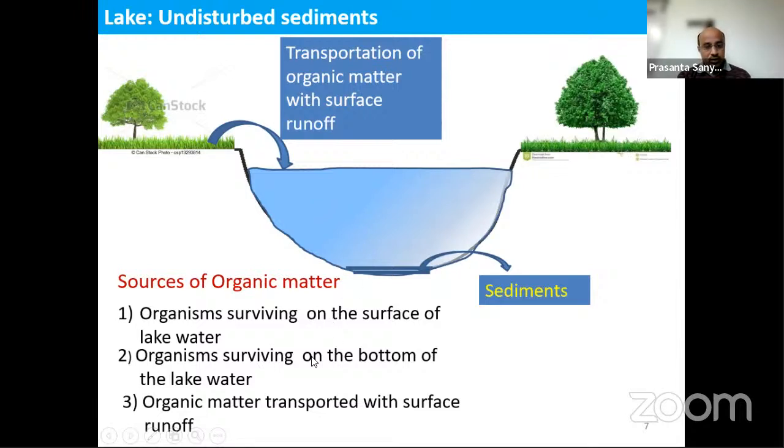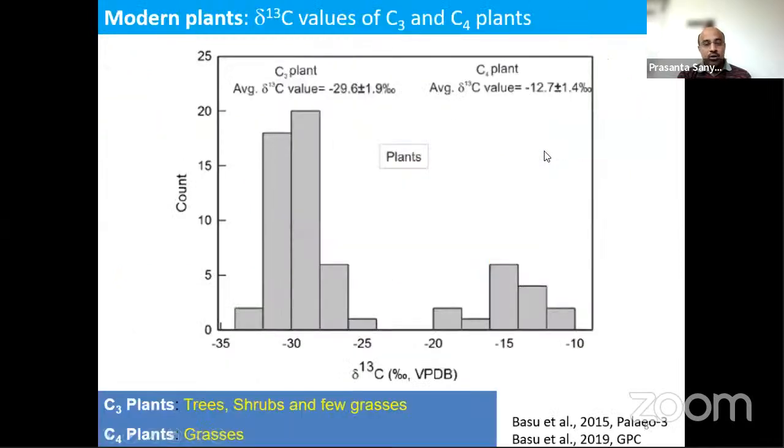We first characterized the vegetation which was growing in and around the lake, that is, in the catchment areas. If you look at the modern vegetation in terms of carbon isotopic composition, you can group it broadly into two groups. One is C3 plants, the other one is C4 plants.